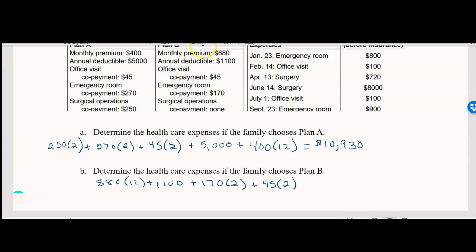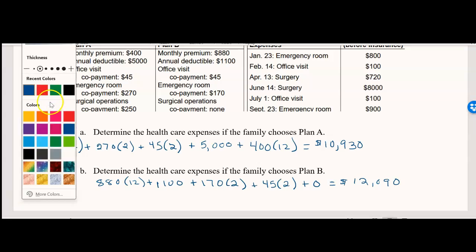Ooh, none. So I don't even have to put this, but I just want to show you, we don't have a copayment this time, so that would be $0. Add these together, and we get $12,090. Now, the third question is this.